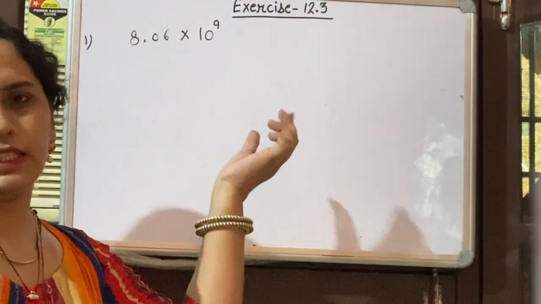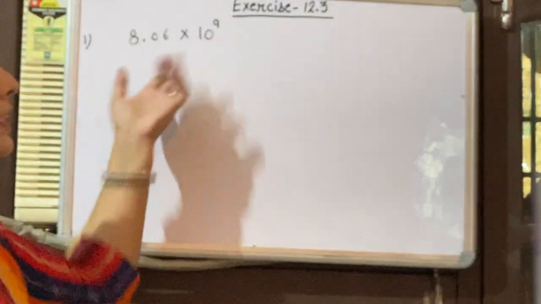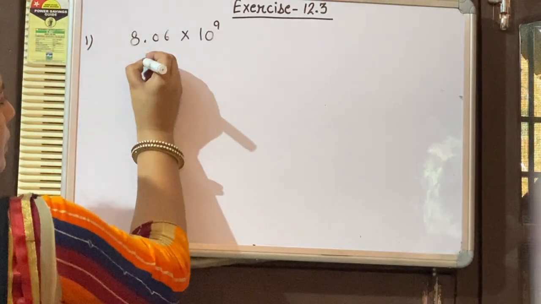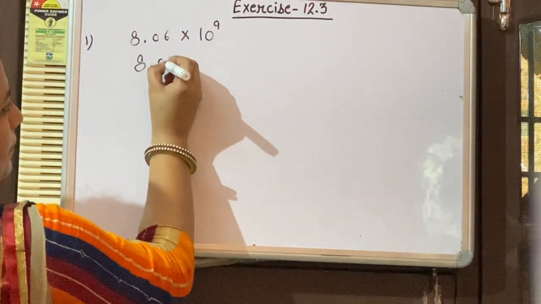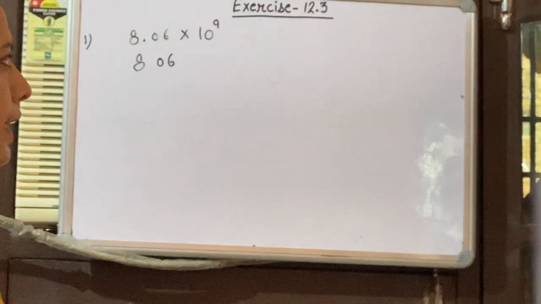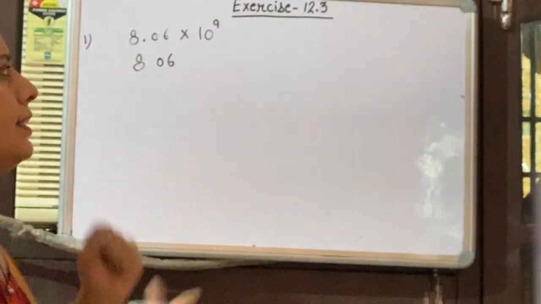Power of 10 is in the positive form, so we can say that this number is greater than 1. So what we write here: remove the decimal, and after the decimal take 9 digits.